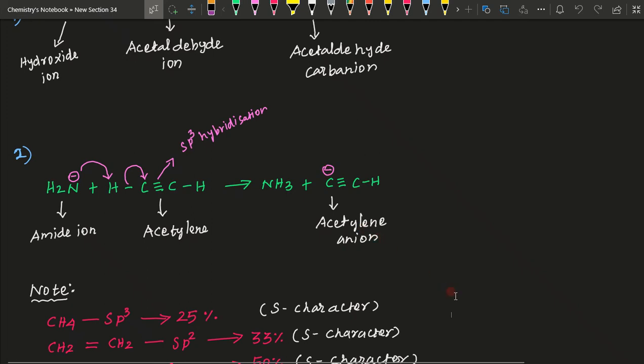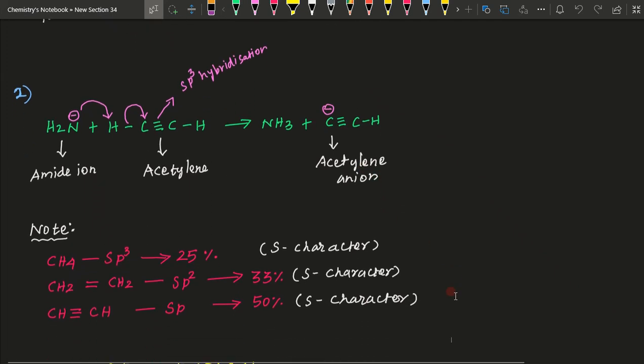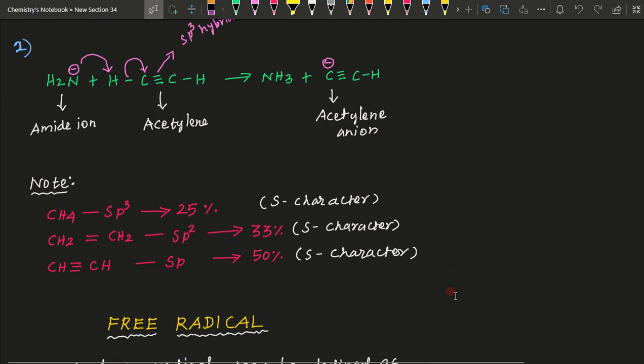Note, CH4 is sp3, 25% s character. This is the single bond.